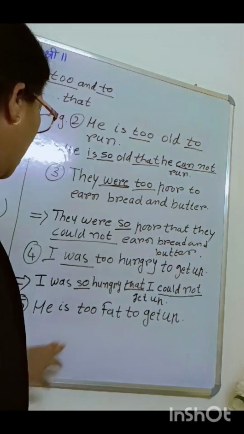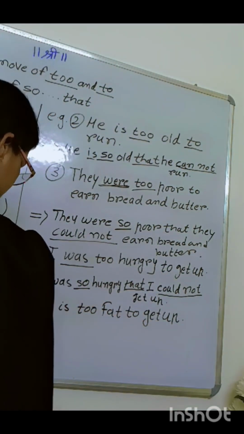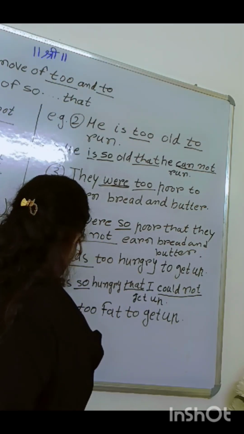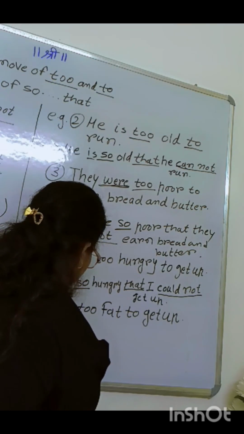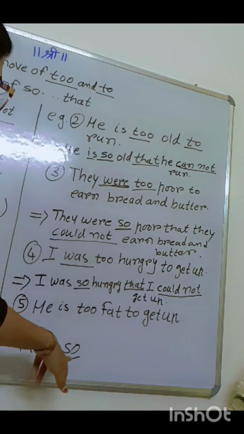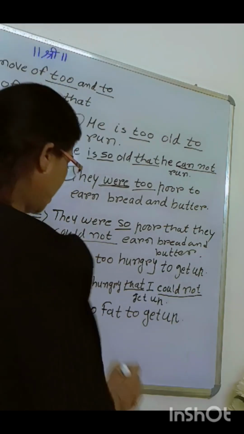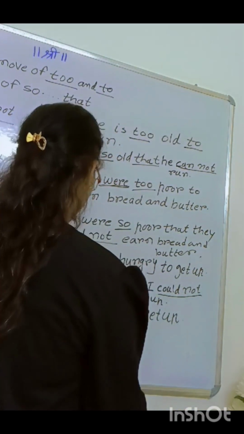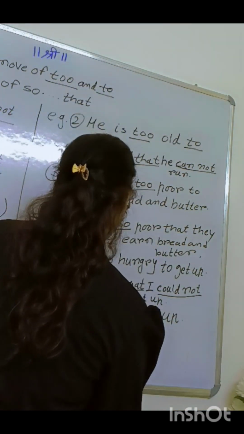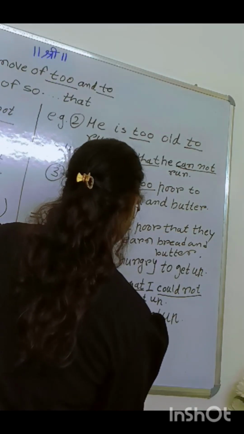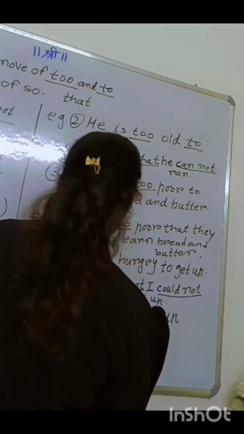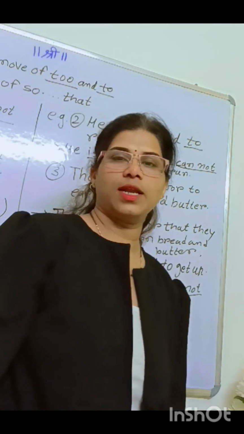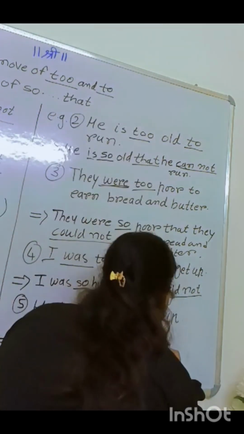Next sentence, see. He is too fat to get up. He is, change. He is so fat. Remove "too". So fat. He is so fat that he. The sentence is in present tense, so what will we write?